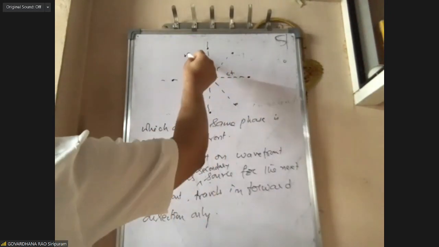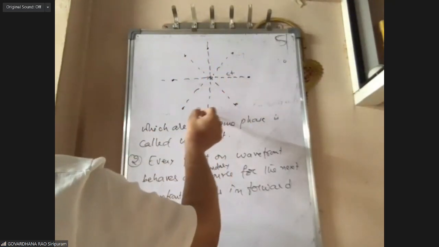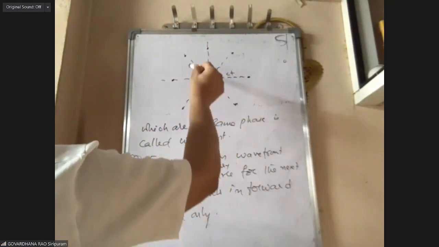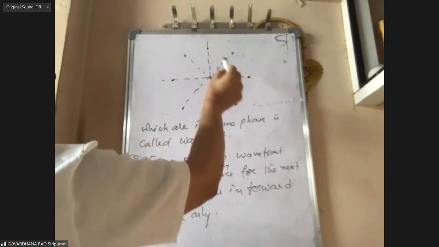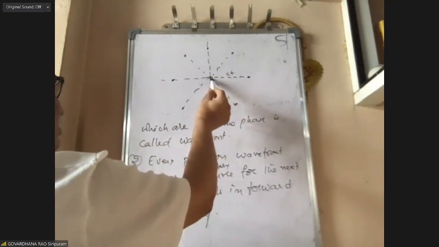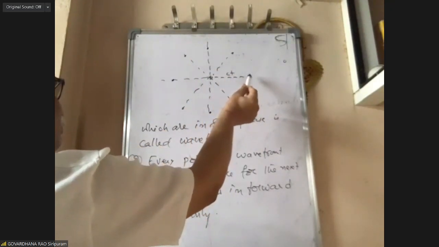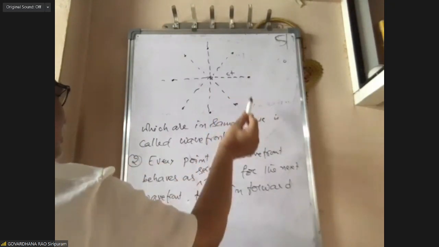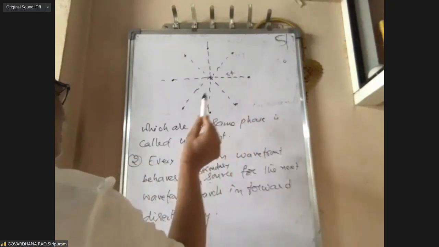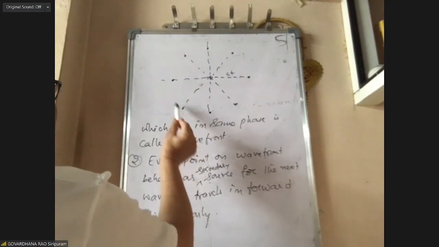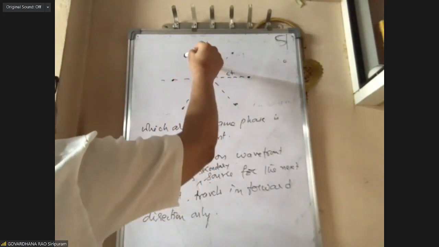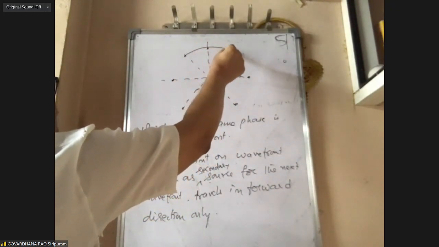And these particles in the medium are in the same phase. Means when light reaches here, this particle starts vibrating. Similarly, this also starts vibrating. These all particles start vibrating.